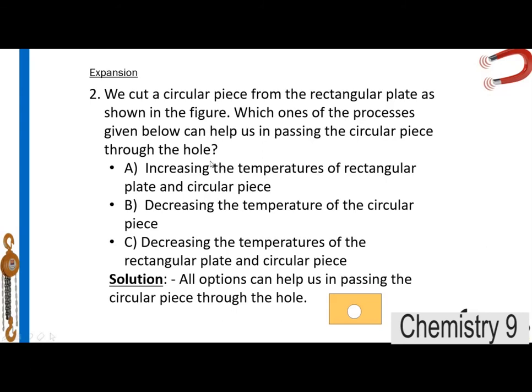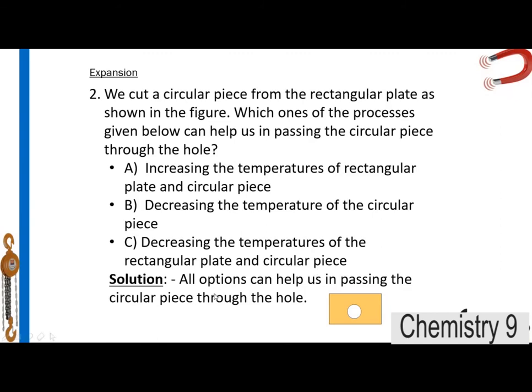A, is it by increasing the temperature of the rectangular plate and the circular piece? B, is it by decreasing the temperature of the circular piece? And finally, C, is it by decreasing the temperature of the rectangular plate and the circular piece?